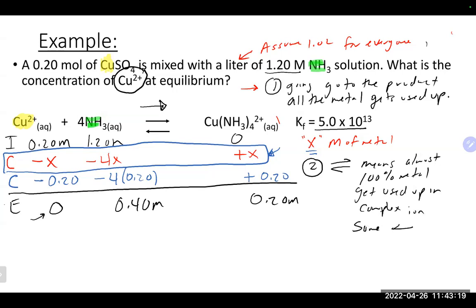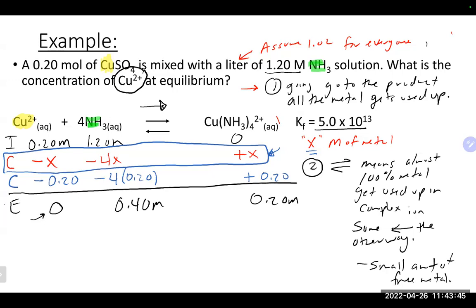Some of it will go back the other way. And the amount that should come back the other way should be a very small amount of the free metal.